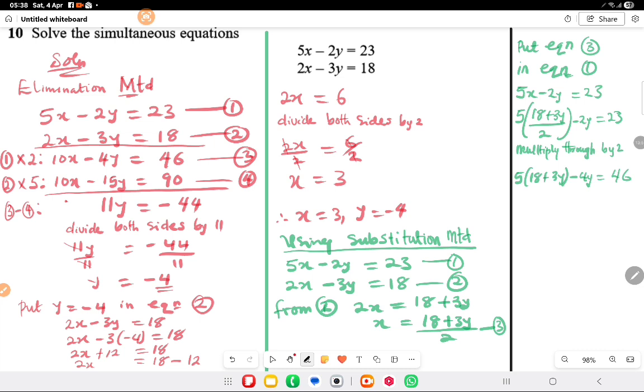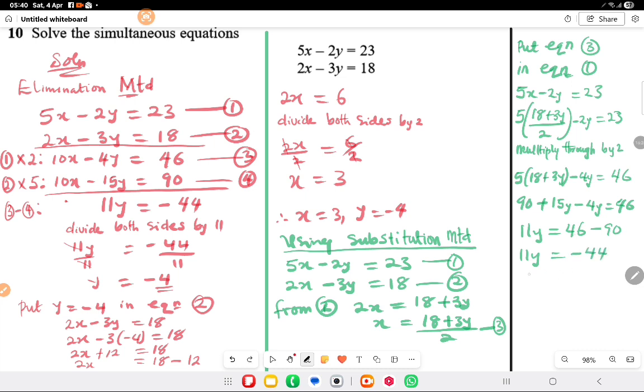Now we open the bracket. If we open the bracket, we have 5 times 18 gives us 90 plus 5 times 3 gives us 15y minus 4y equals 46. Next step, we collect the like terms. 15y minus 4y gives us 11y equal to 46. 90 crossing the sign of equality gives us minus 90. 11y equals 46 minus 90 gives us minus 44.